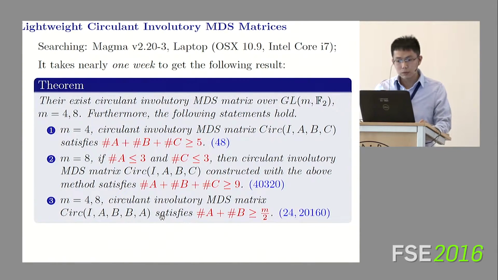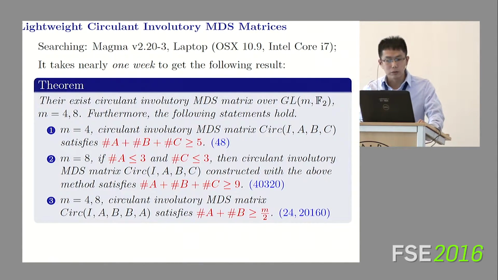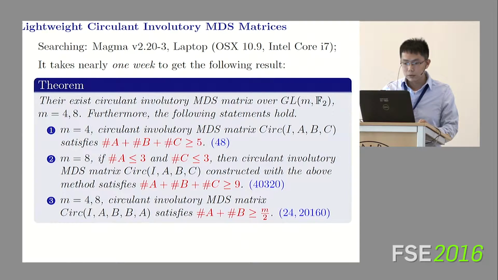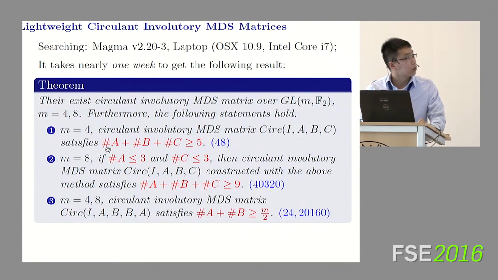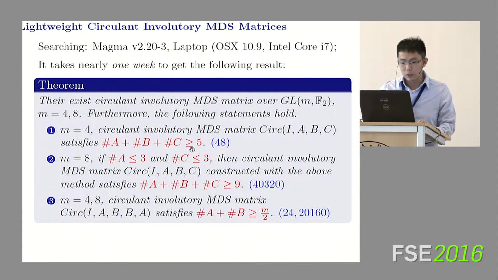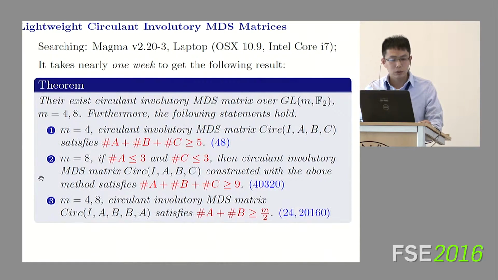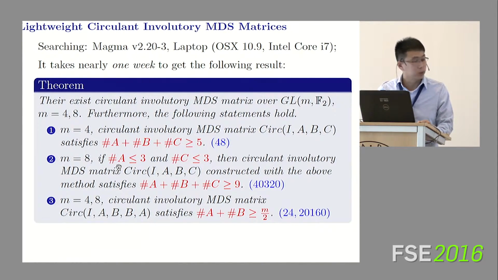The search method is similar to the previous one, and we ran it on a laptop computer, and it takes nearly 1 week to get the following results. First, circulant involutory MDS matrices can be constructed with the method introduced. When m equals 4, the lower bound on XORs of one row's entries is 5, and we found 48 constructions achieving the lower bound. When m equals 8, we restrict XORs of A and C to less than or equal to 3.